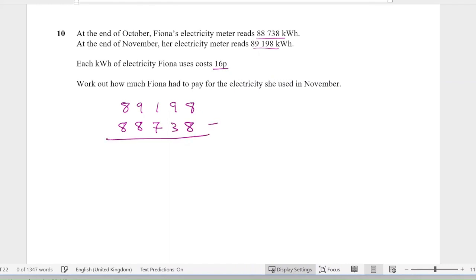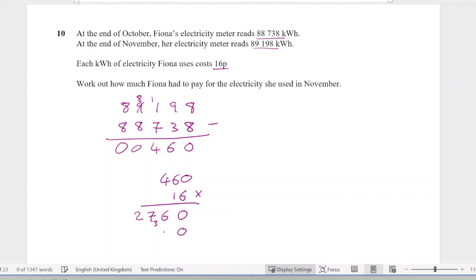8 take away 8 is 0, 9 take away 3 is 6, 1 take away 6 I can't do, so I need to take one from here. So that's 4, and then 0, 0. So 460. I then need to do 460 times 16. So 6 times 0 is 0, 6 times 6 is 36, 6 times 4 is 24, plus the 3 is 27.